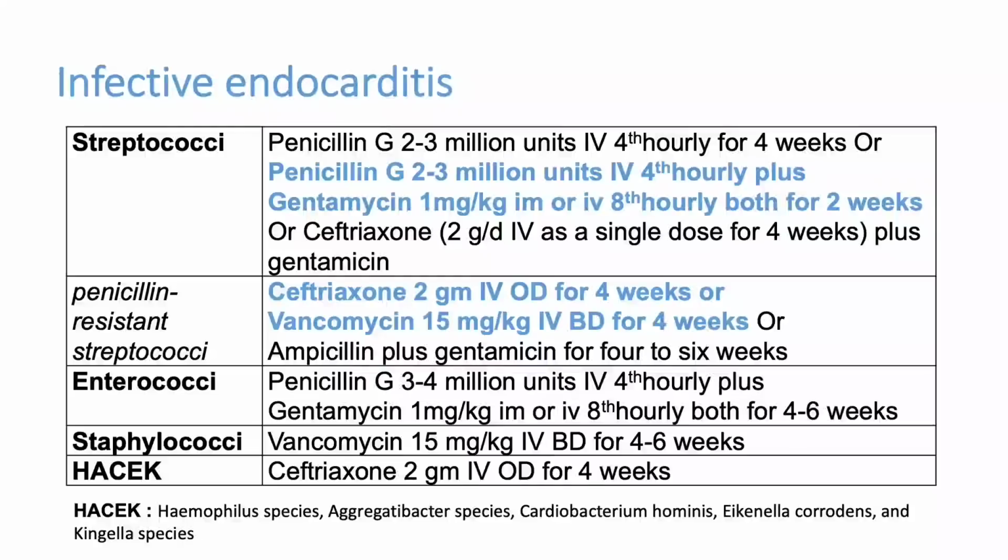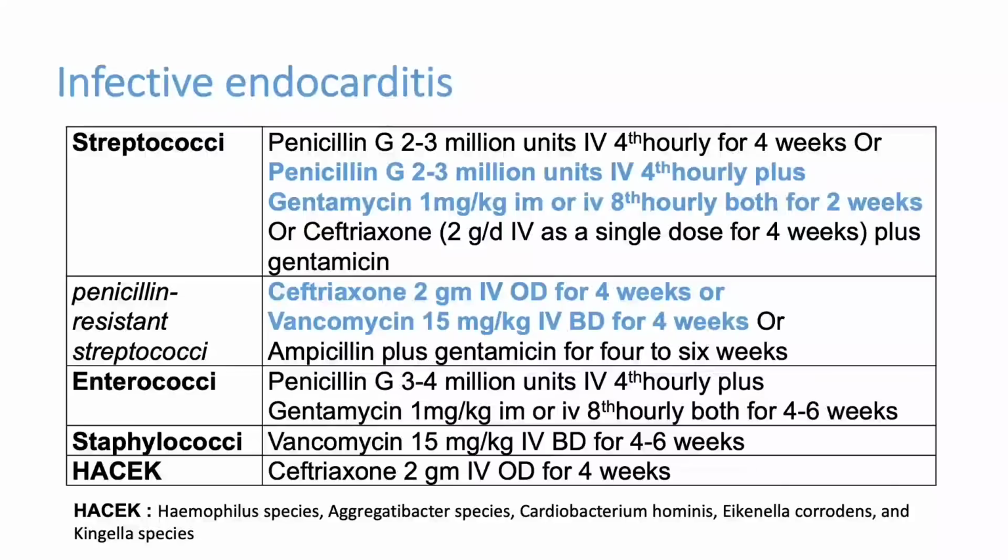The most commonly used drugs in suspected infective endocarditis, this is empirical treatment, this is not treatment after getting the culture, are penicillin IV 2 to 3 million units every 4th hourly, plus gentamicin 1 milligram per kg body weight IV, or ceftriaxone 2 gram per day IV can be given with gentamicin.